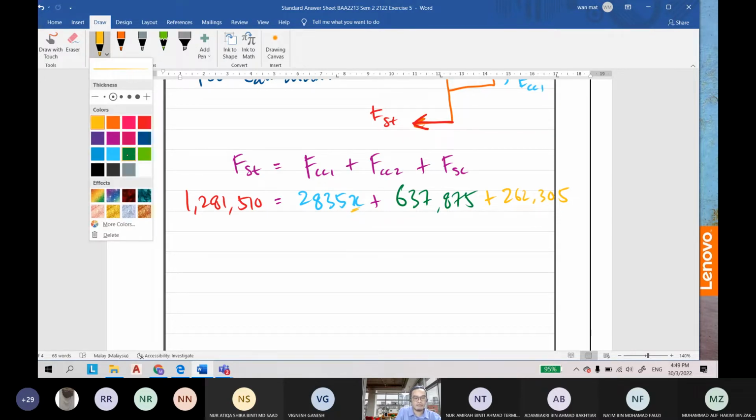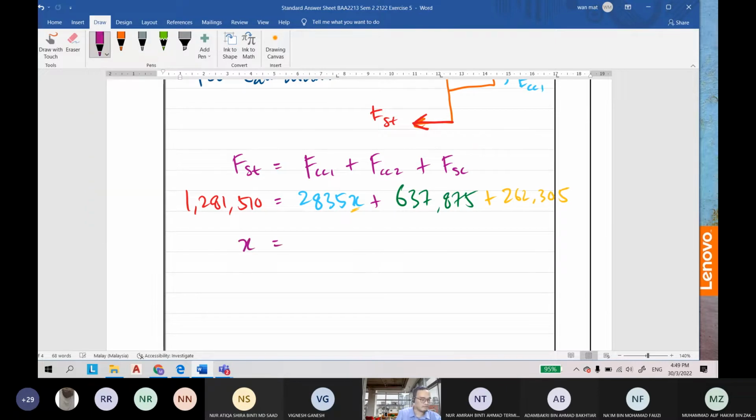What is the value of X now? So X is equal to what?